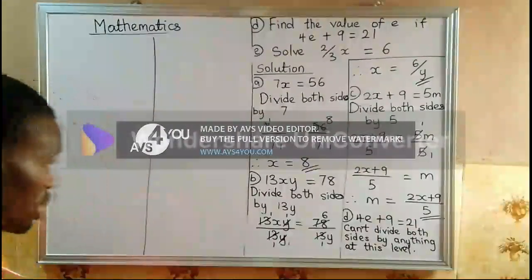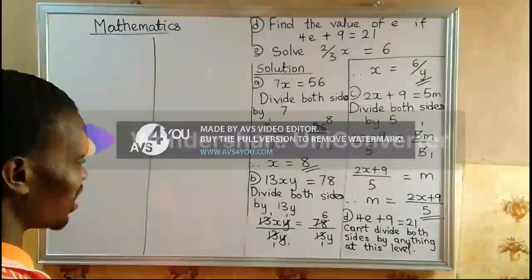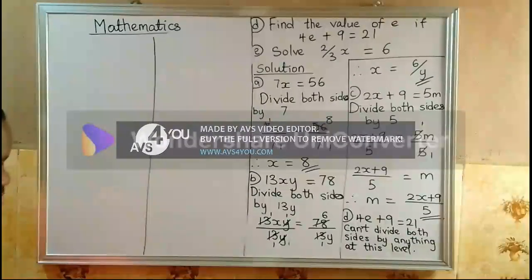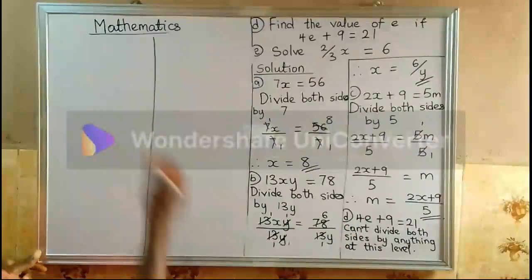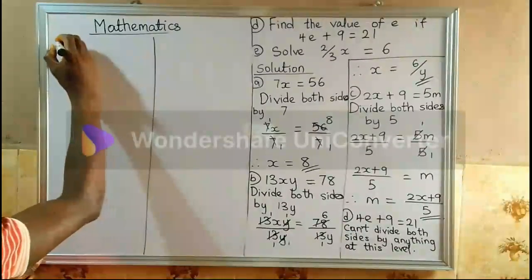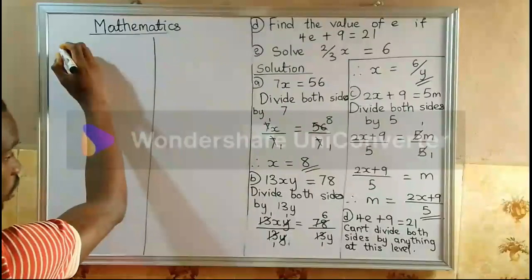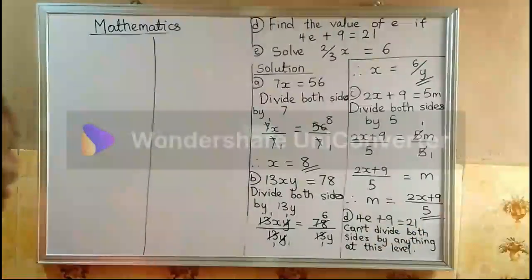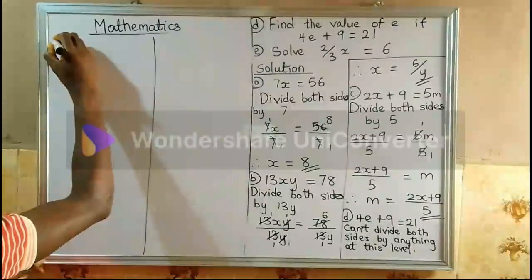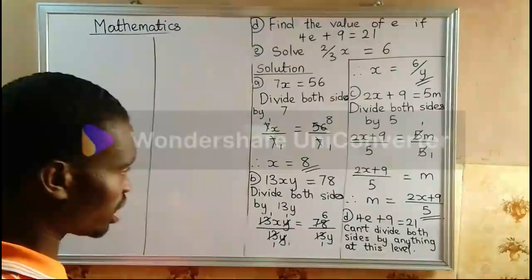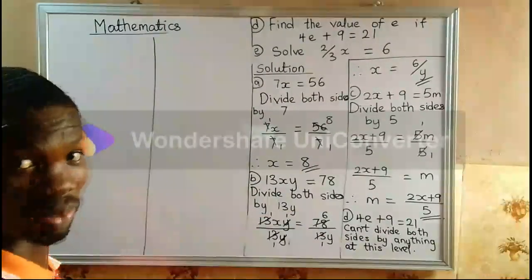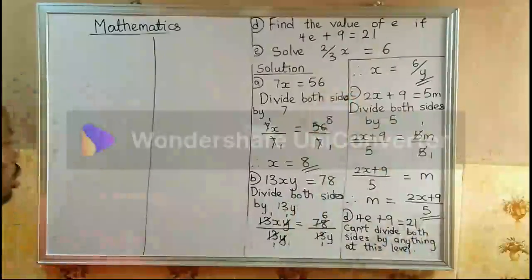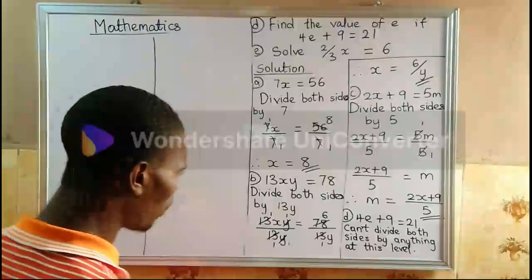So as I said, let's just solve it and perhaps we'll get to that stage where we could divide both sides by something. So we have 4e plus 9 equals 21. So what do we do from here? We collect like terms. So what does it mean to collect like terms? Okay, don't let me explain that now. When we get there, I will explain better.